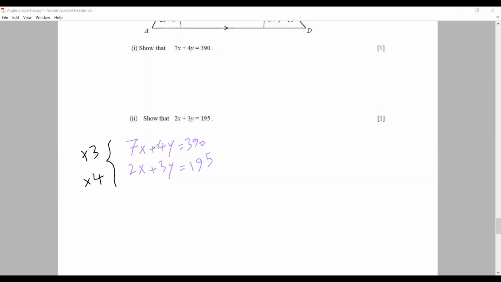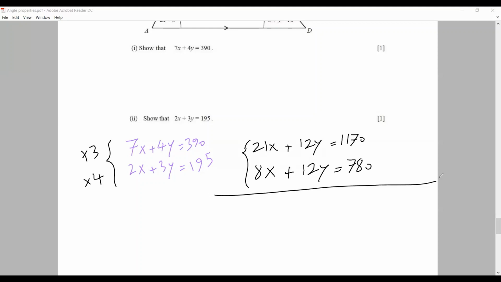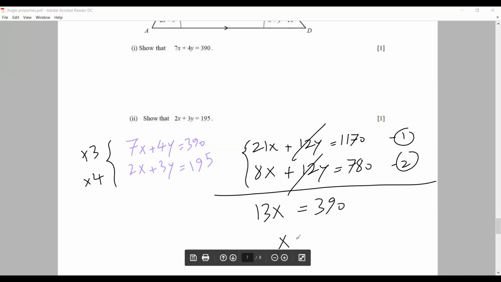So I'm targeting y. I'm trying to eliminate y. If I do that, that gives me a pair of new equations. This is 21x plus 12y equals 1170. And here I get 8x plus 12y equals 780. So if I subtract 2 from 1, these two are gone. Here I'm left with 13x equals 390. Therefore, x is 30.